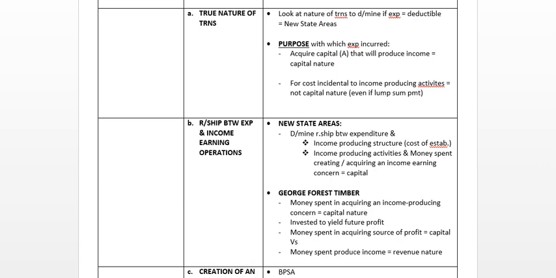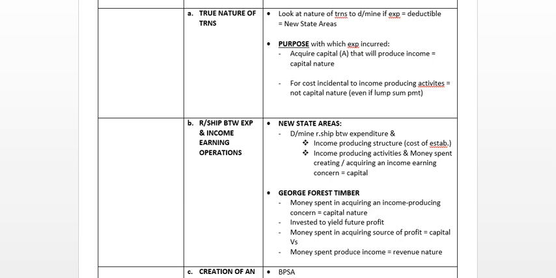So what is the true nature of the transaction? Look at the nature of the transaction to determine if expenditure is deductible. In New State Areas, the purpose with which the expenditure was incurred matters: acquiring capital that will produce income is of a capital nature. Costs incidental to income producing activities are not of a capital nature, even if there's a lump sum payment.